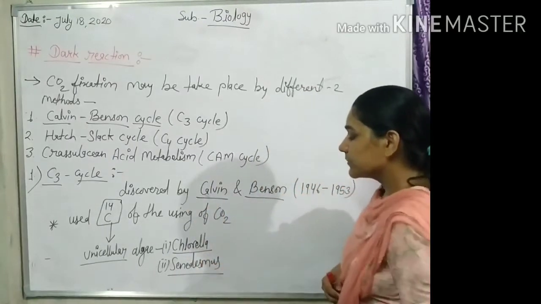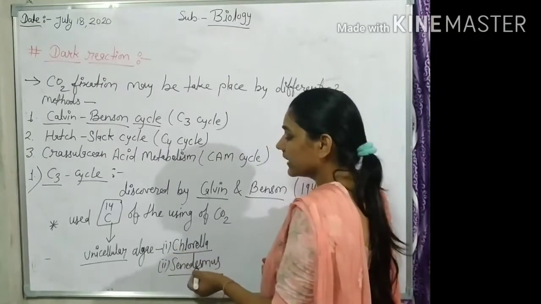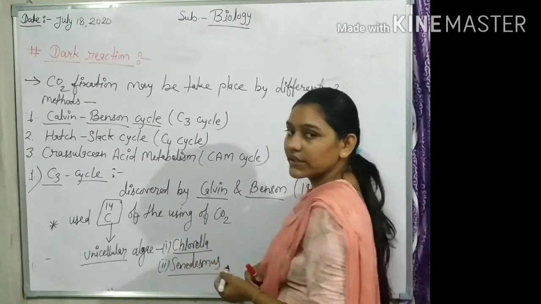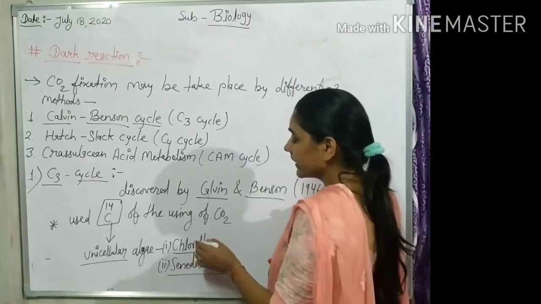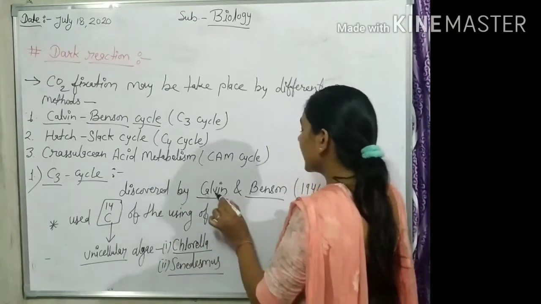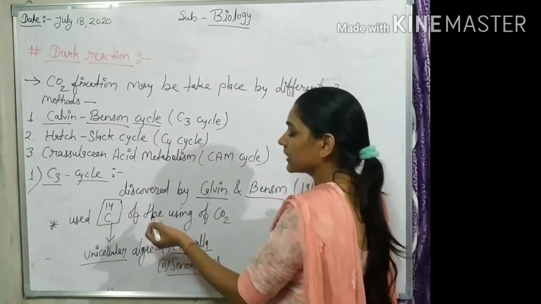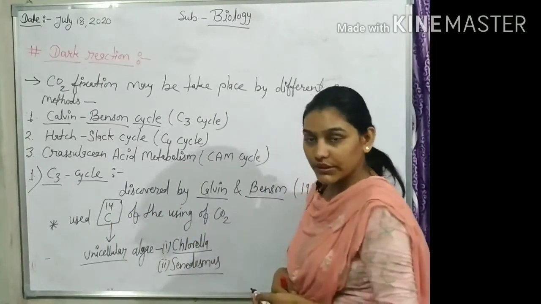Chlorella and Scenedesmus are examples of algae. And firstly, the C3 cycle was discovered in Chlorella and Scenedesmus by Calvin and Benson using carbon-14 radioactive isotope.